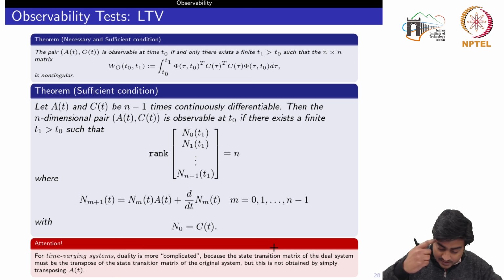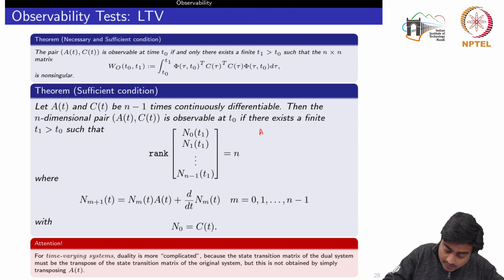Because of this, we cannot say that the controllability of the pair A transpose, B transpose is equivalent to the observability of A transpose, B transpose.